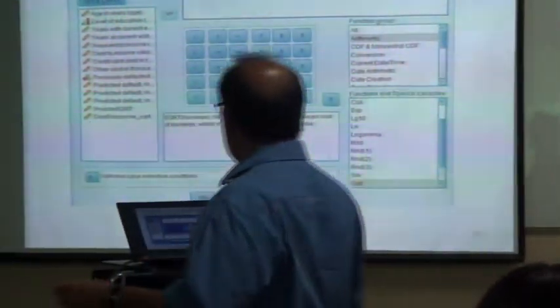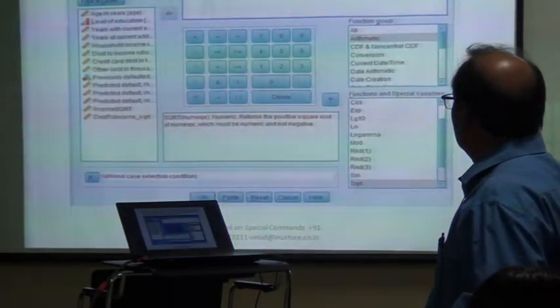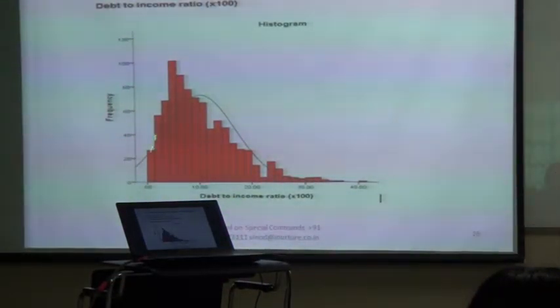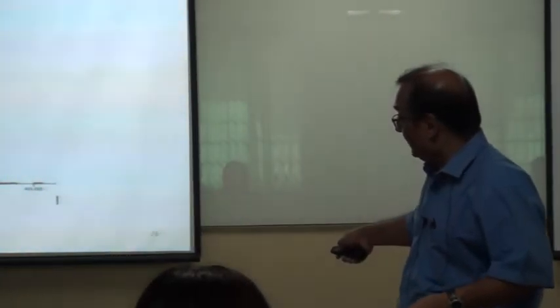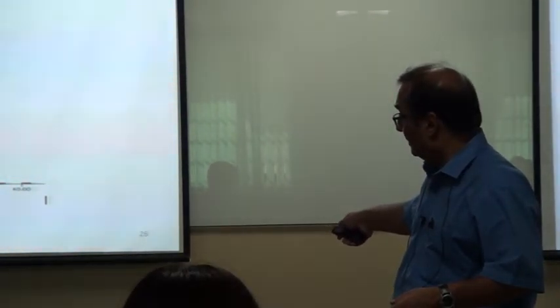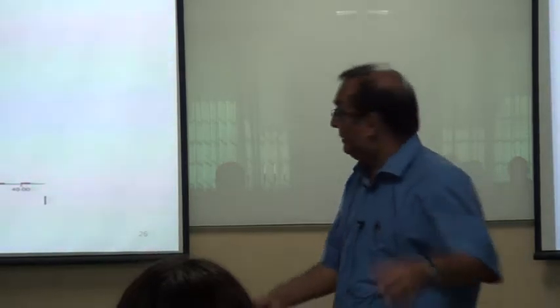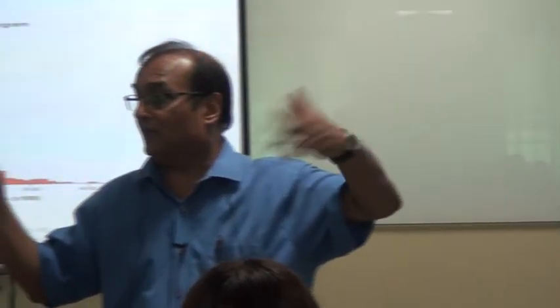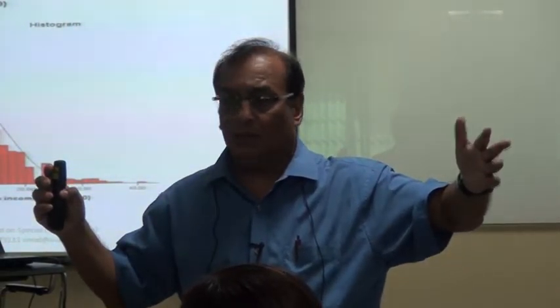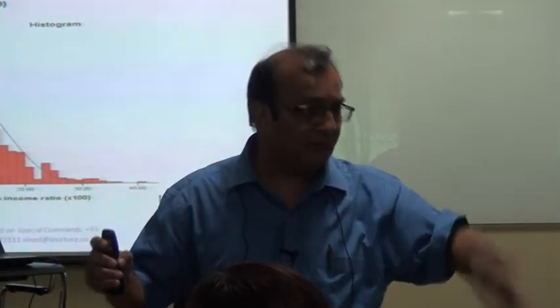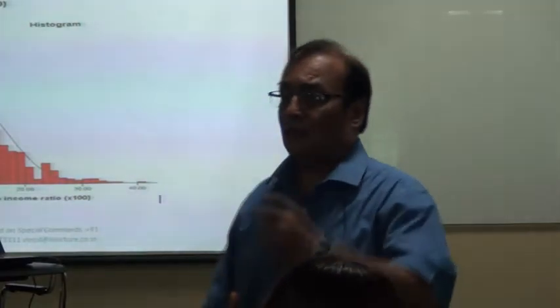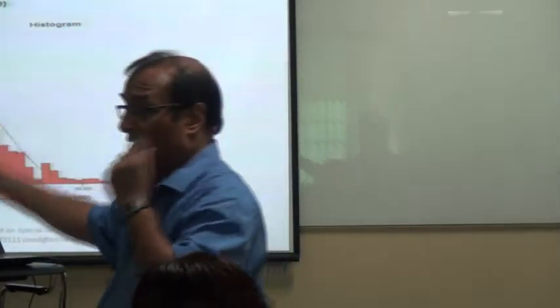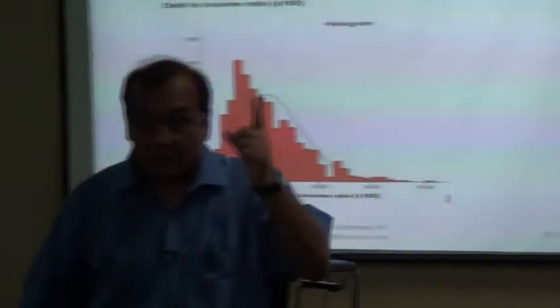There is a variable whose distribution is like this, and an approximately normal distribution is a bell-shaped curve. We can very easily see that the whole data is concentrated towards the left-hand side, very much skewed. Any naive beginner researcher will say this data is not normal, and if it is not normal, you are stuck. So you need to do something.